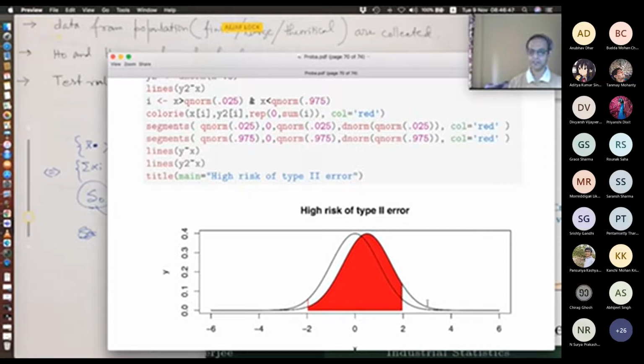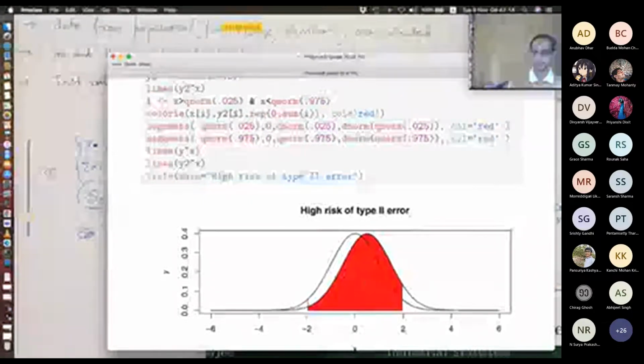In this red shaded region, the data, although coming from the alternative, you are not able to reject the null hypothesis and go by the alternative. So if the two densities are too close, your power will be less, or in other words, the probability of type 2 error will be more. So that is what is depicted in this diagram.